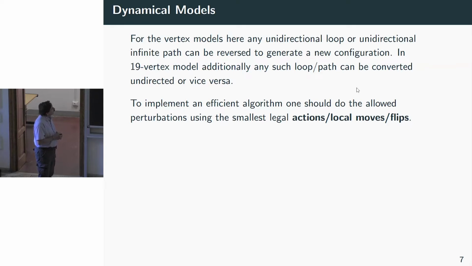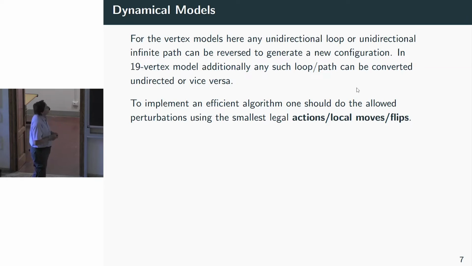This leads to legal actions, which go by various names: local moves, flips, and so on, that I'm sure many of you have seen in the context of, for instance, dominoes. In the domino context, the flip is when you have two domino pieces next to each other, long sides together, and you flip them by 90 degrees.